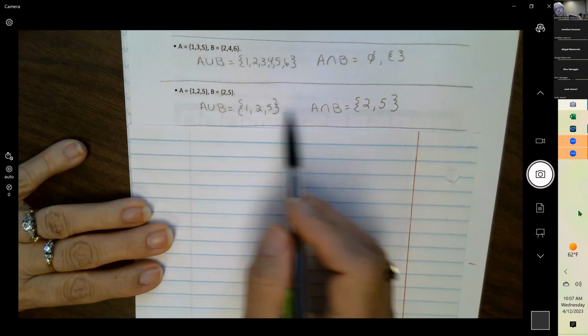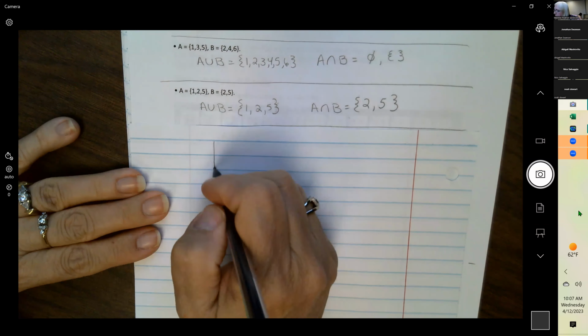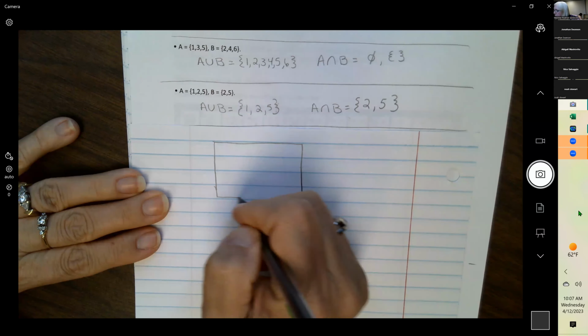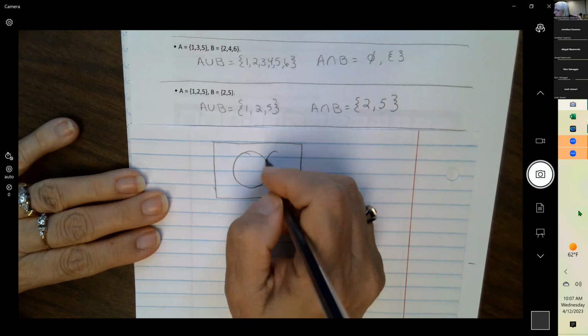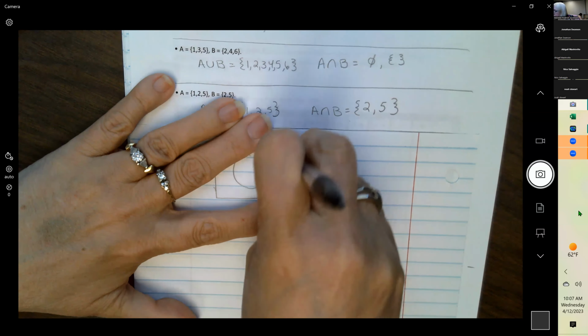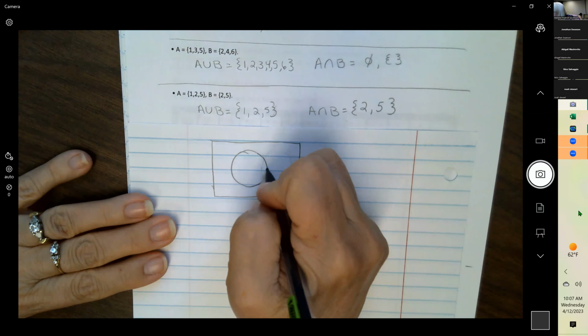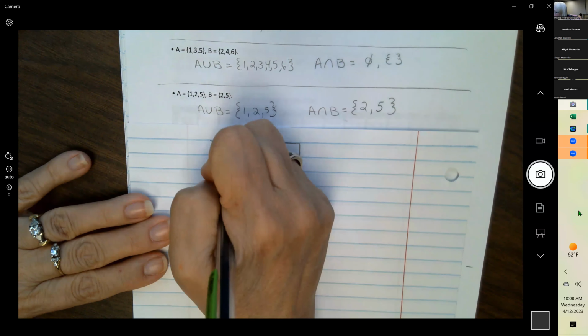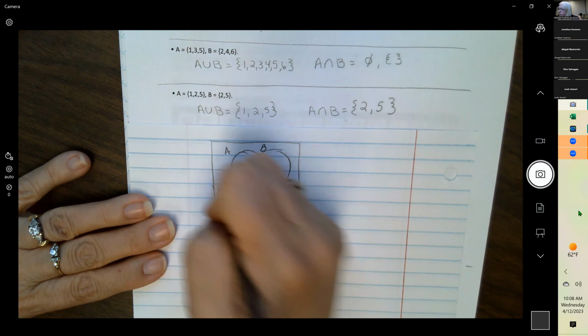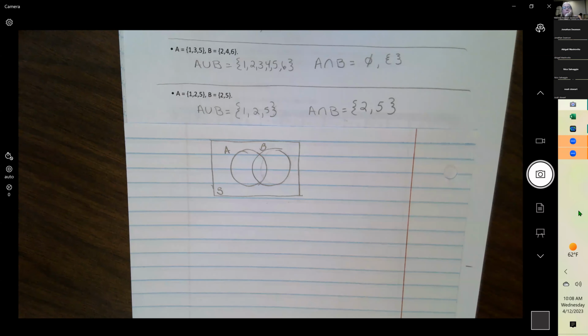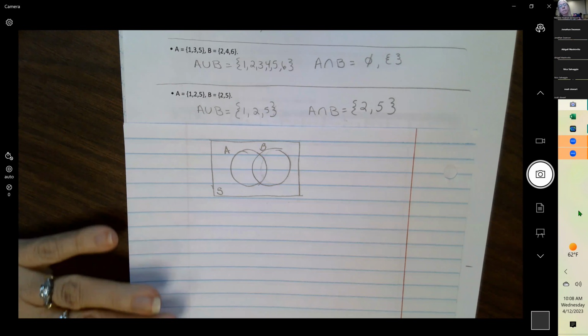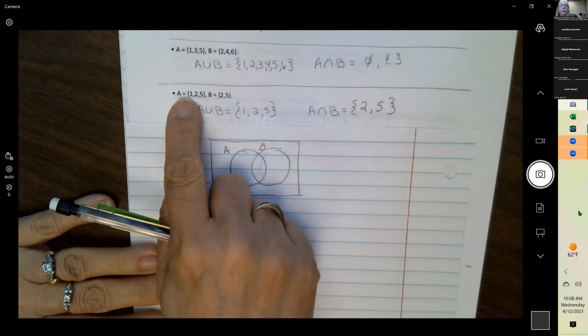So go ahead and draw the Venn diagram for this one. So A has 1, 2, and 5.